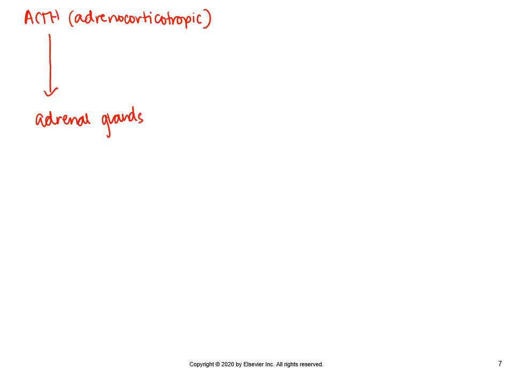The adrenal glands, if you recall, are the triangular glands sitting on top of the kidneys, right? This adrenal gland has a cortex. The cortex is the outside part, and in the middle is what we call the medulla. So this is the cortex, and this is the medulla.